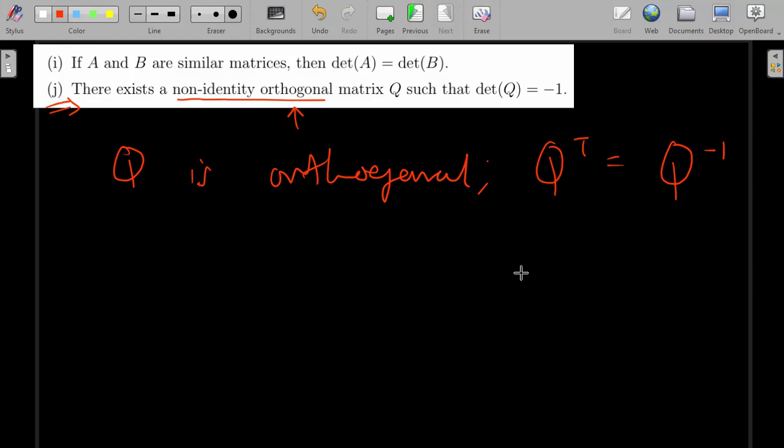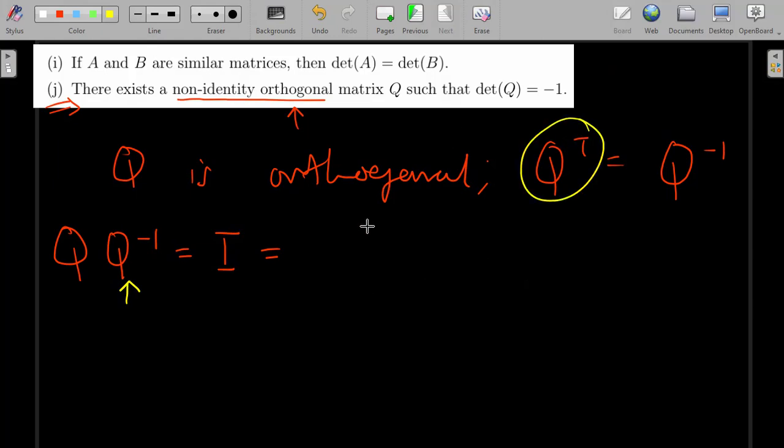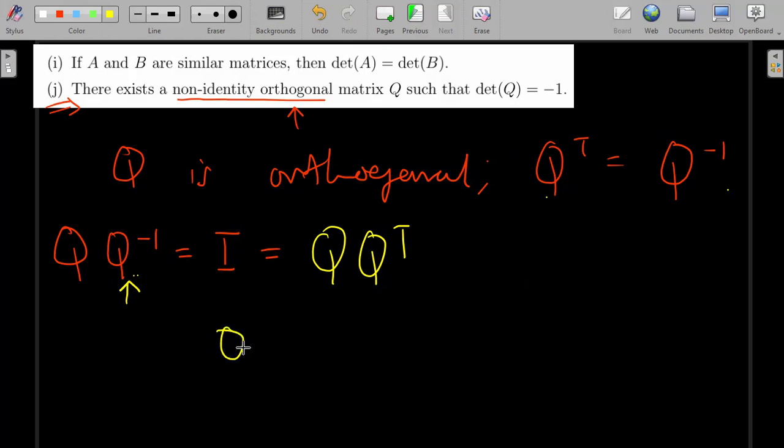We also know that if I multiply Q with its inverse, I get the identity. Where there's this inverse, I'm going to replace it with the transpose because the transpose is equal to the inverse. So I have Q and then Q transpose. I can write it like this: Q times Q transpose equals the identity.